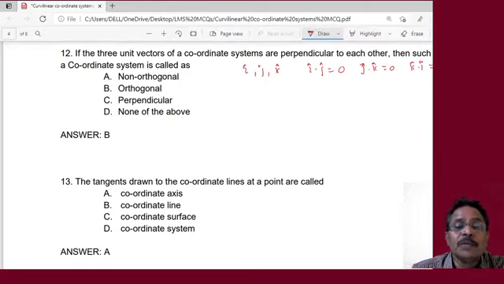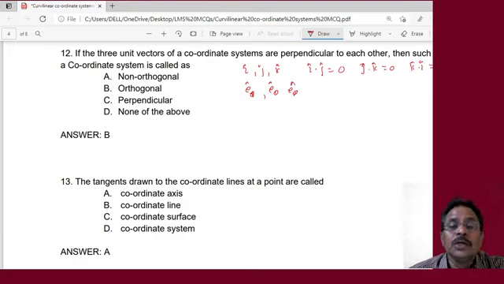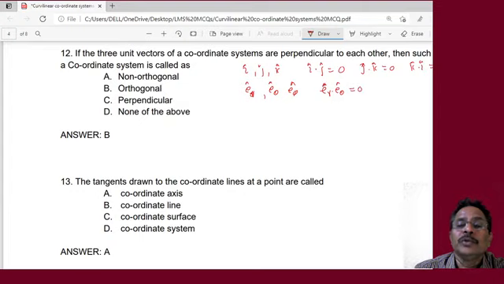In the case of the spherical polar coordinate system, we have these three unit vectors, e r cap, e theta cap as well as e phi cap. Here also e r cap dot e theta cap can be shown to be 0, or any other combination of the unit vectors is 0. The same is the case for the cylindrical coordinate system.